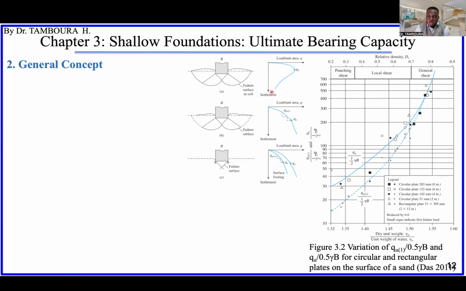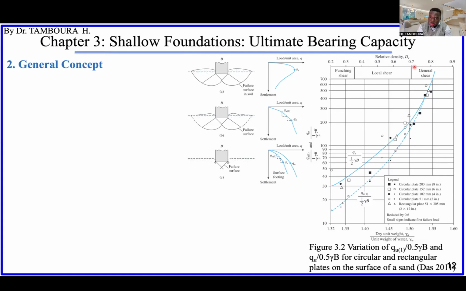So I will put the three cases. Okay. Dense, medium dense, and loose soil. So this is a study investigating density. You can see here dry unit weight divided by unit weight of water. This is here, the horizontal line. And here is the relative density. Okay. Relative density, I think we have talked about this before.